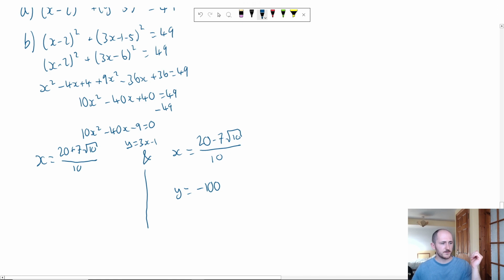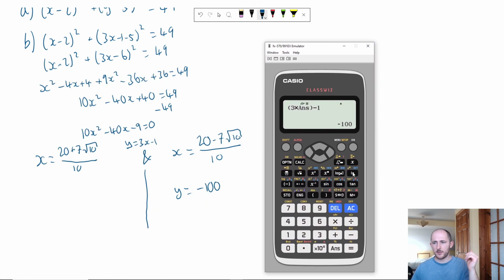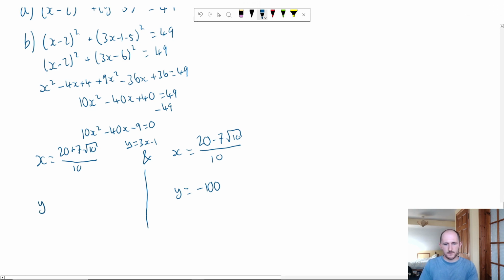That's pretty useful. And for the other one, we obviously can't do it. We're just going to have to do 3, and then we're going to have to type this whole thing in. 20 plus 7 root 10. Minus 1. We get that. You know what?